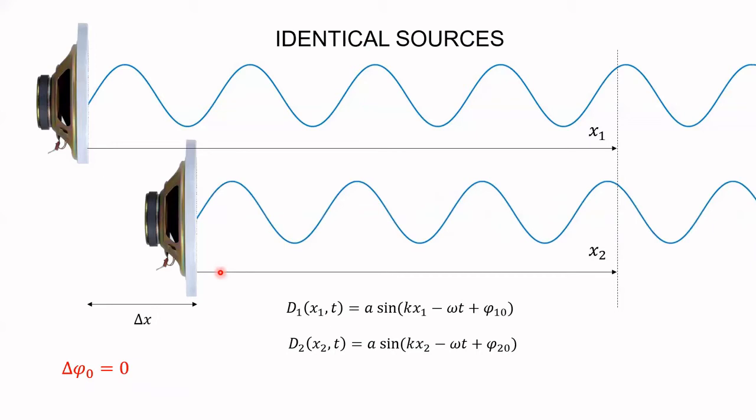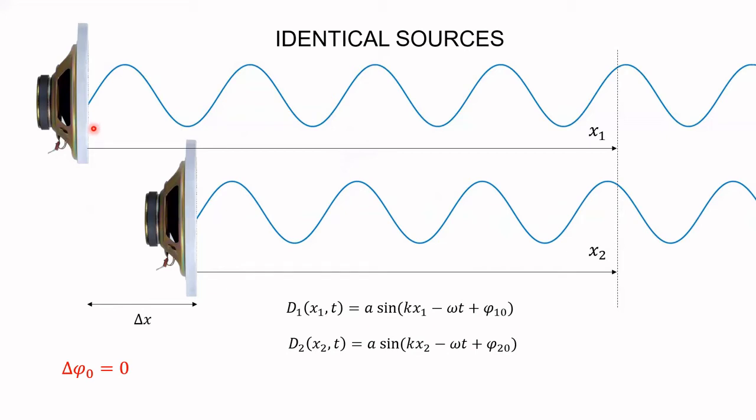Now, a lot of the time, the sources that we're talking about are in phase. They're pushing forward, pushing backward together. They're in sync, as these two are. So let me distinguish between two important observations here. This wave crest is not lined up with this wave crest. So even though the crests are not aligned, and that's really due to the path length difference, their inherent phase shift is 0.